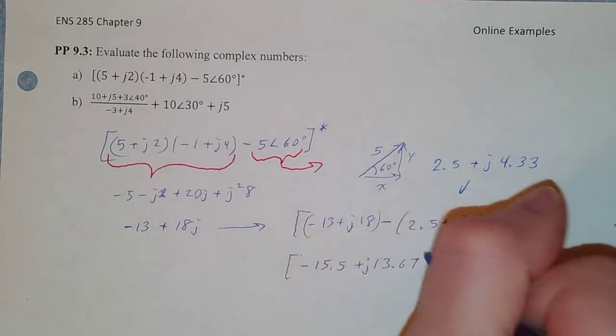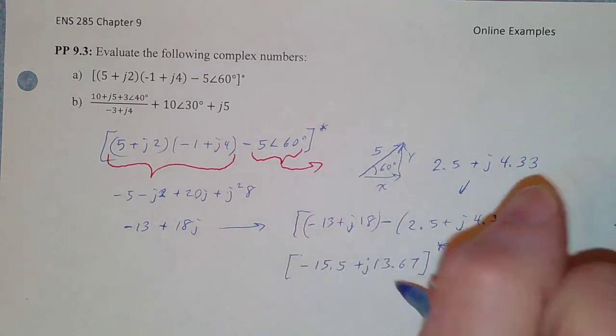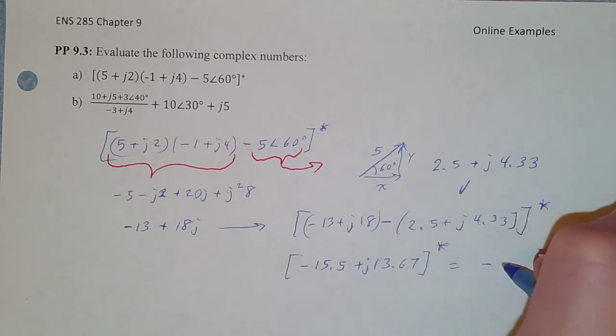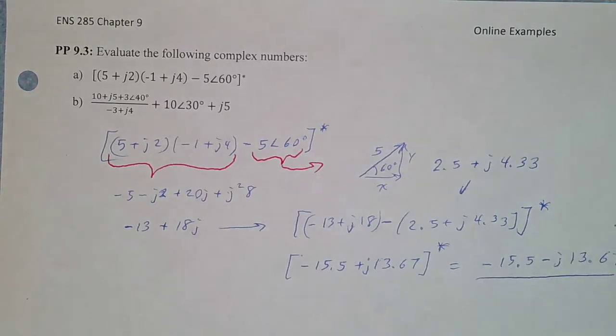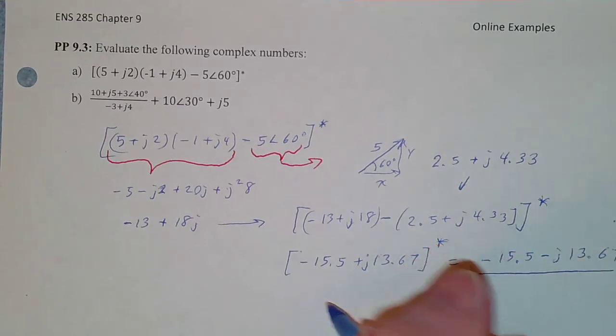And then we've got the complex conjugate, which is just negating our j. So this equals minus 15.5 minus j13.67.